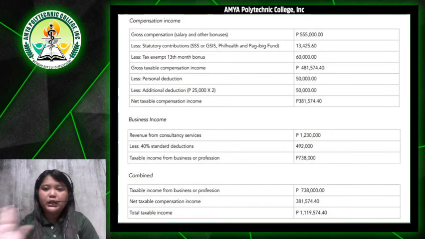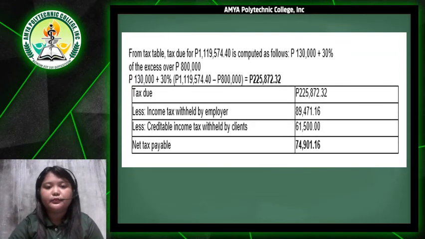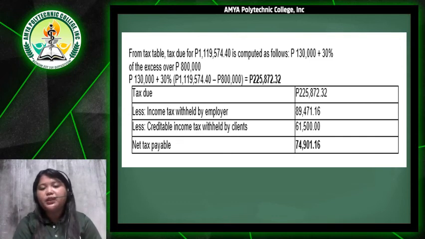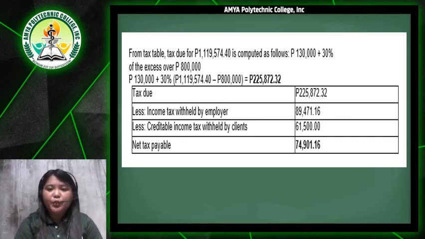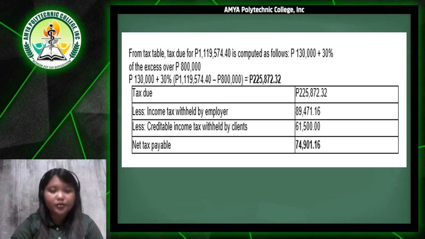Here is the picture of the solution for the problem. From the tax table, the tax due for 1,119,574 pesos and 40 centavos is computed as follows: 130,000 pesos plus 30% of the excess over 800,000 pesos. So this is now the picture.